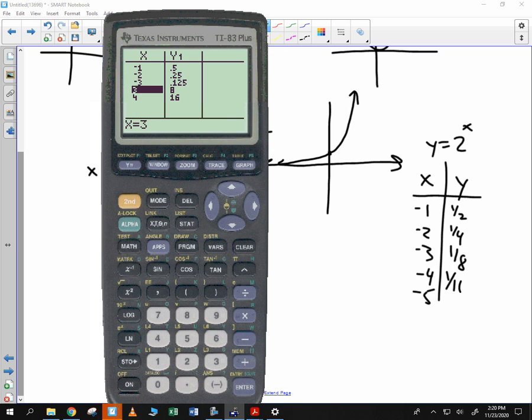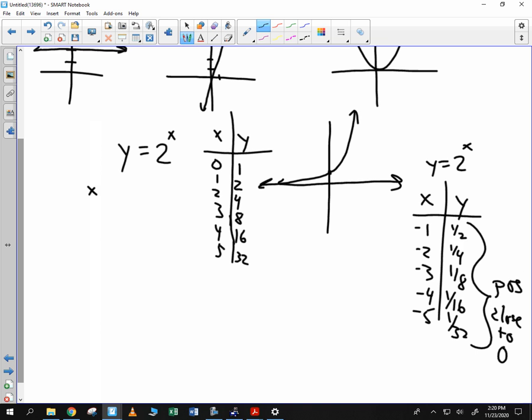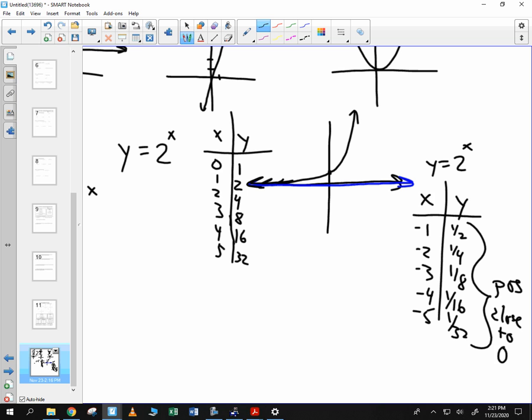And then you get 1/16 and 1/32. So notice how these values are all positive, but they're really close to 0. What that means is that this shape has what we call a horizontal asymptote, okay? And so as x heads off towards negative infinity, this graph approaches this asymptote of 0. And that gives it its general shape.